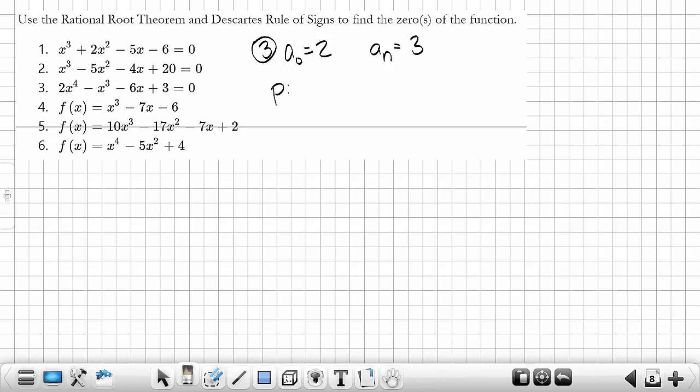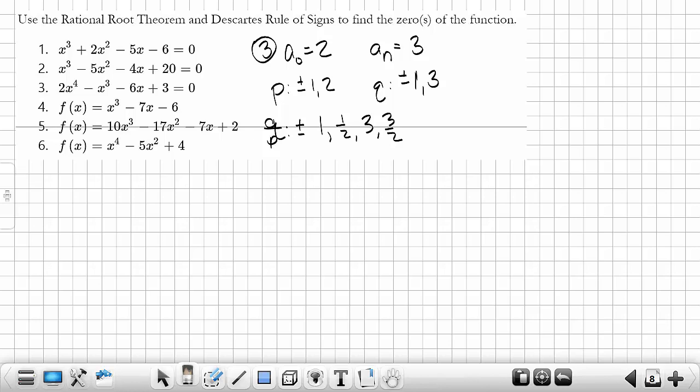So my p's are plus or minus 1 or 2. My q's are plus or minus 1 or 3. So my q over p is plus or minus 1, 1 half, 3, 3 halves. Remember, it's just each value of q over each value of p.